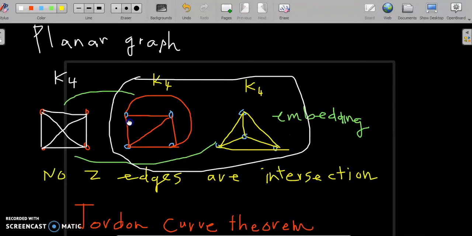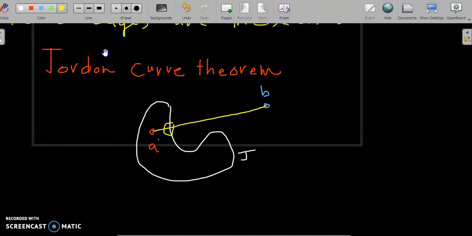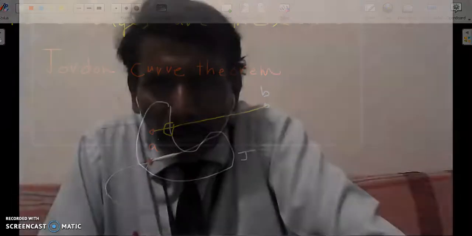A planar graph is a graph where no two edges intersect except at a vertex. And the second point is that the Jordan curve theorem says that for any closed curve, an edge joining an interior point and an exterior point must intersect the curve. In another session, I will explain some other theorems.